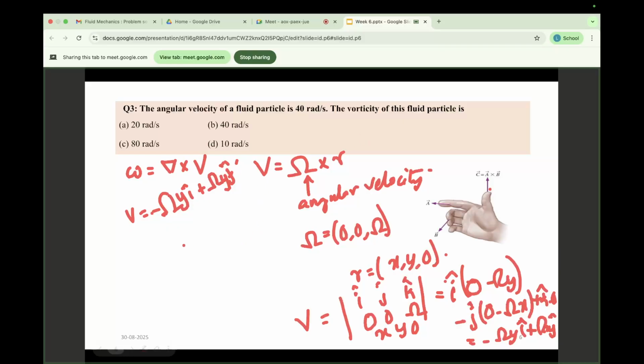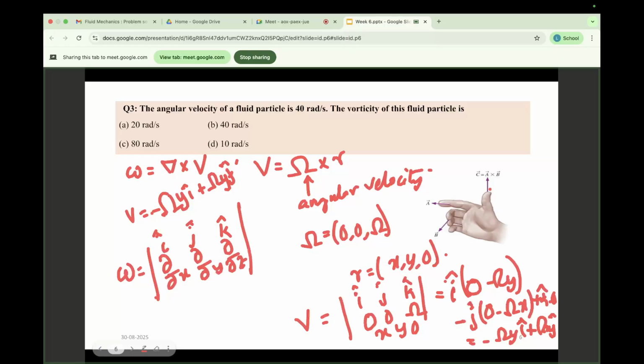Okay. So as we have assumed that it is moving in the z direction, I just have to find out this vorticity component in the z direction. So let us find this vorticity as a cross product. That means del is i cap, j cap, k cap, corresponding to d/dx, d/dy, d/dz, and in place of this one, minus omega y, and this one is 0, right?